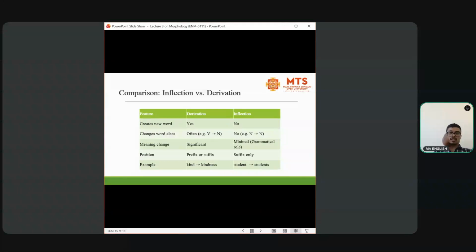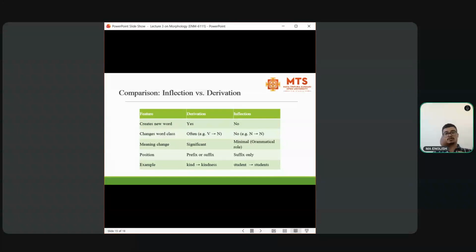Okay, so next, these are the major processes of word formation in English. If you want to know more about English word structure, how words are really generated or formed, you need to have a good knowledge of both derivation and inflection.